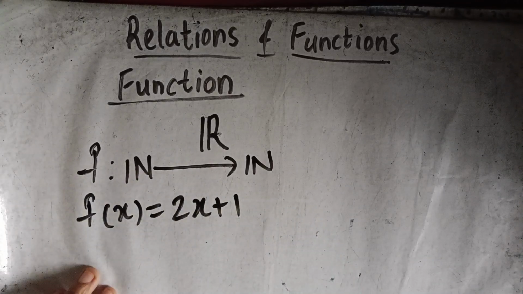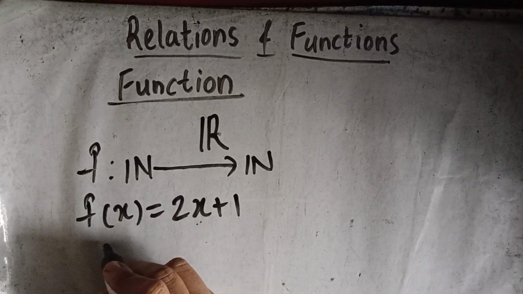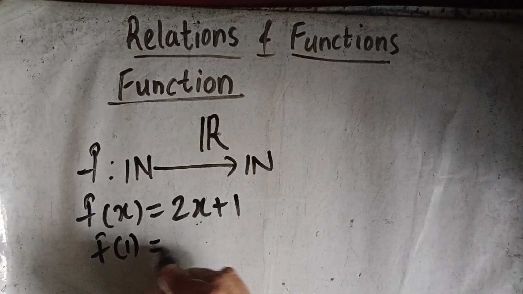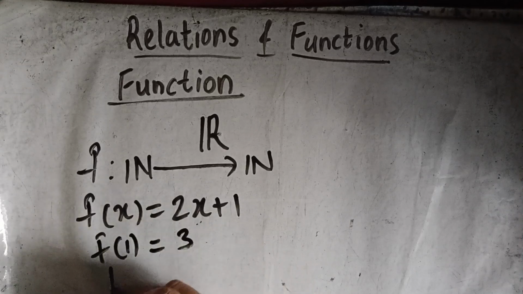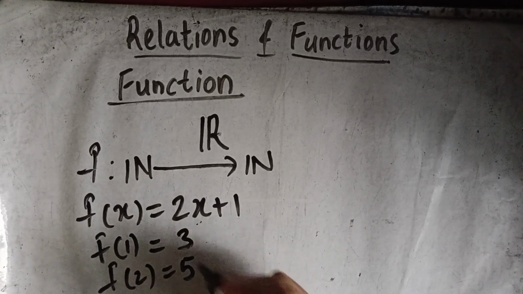You have to just substitute the value of x. So if I put here 1, you'll get f of 1 is 3, f of 2 is 5, like this.